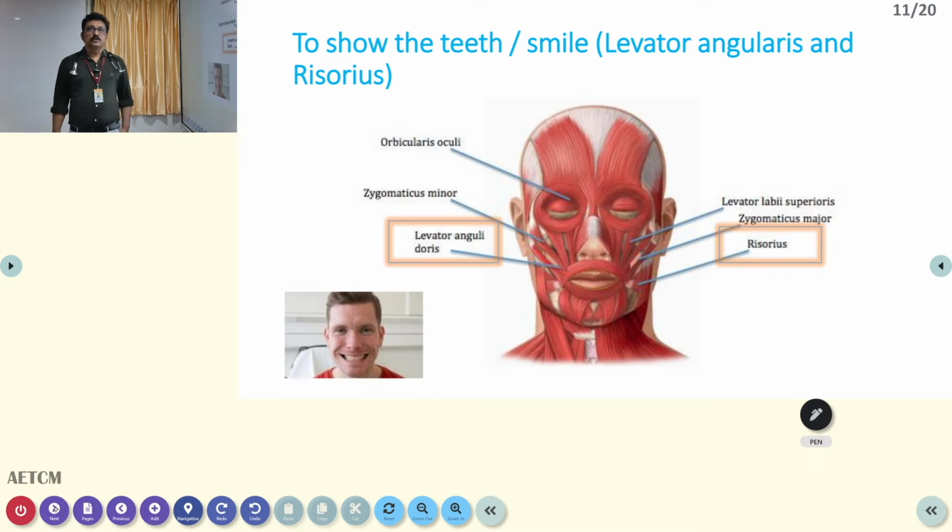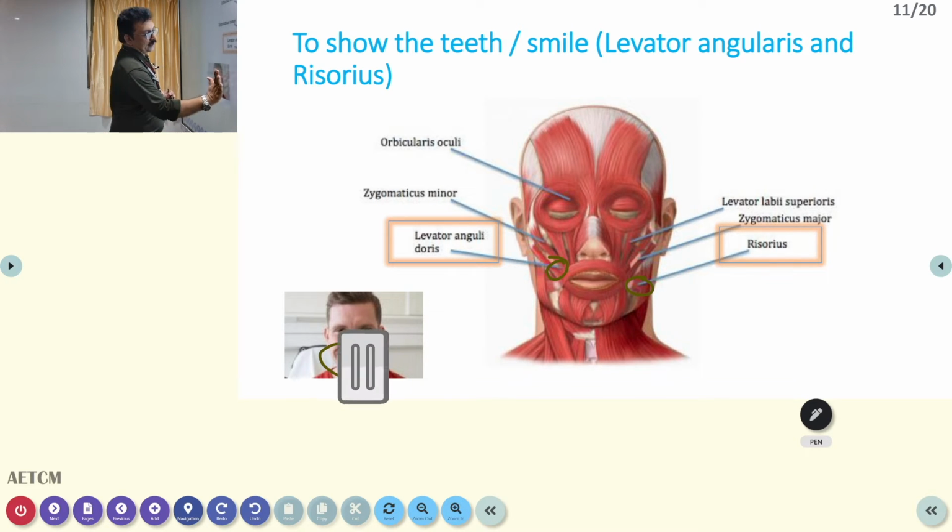Now next is to show the teeth or smile. We are testing two muscles, levator anguli oris, that is this muscle, and risorius, that is this muscle. The patient will be able to show his teeth like this. Suppose there is a weakness of one side. Normally, when you ask the patient to smile, it will be equal on both sides. But suppose there is one-side weakness, for example, this side is weak.